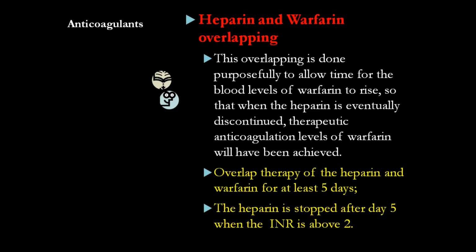In general, heparin lasts a few hours, like 4 or 6 hours, and warfarin can last for days, 1, 2 or 3 days. So they need to make the transition. Overlap therapy of heparin and warfarin for at least 5 days. That means you decrease the heparin dose bit by bit and increase the warfarin dose bit by bit until the patient is ready to go home. Okay. All right.